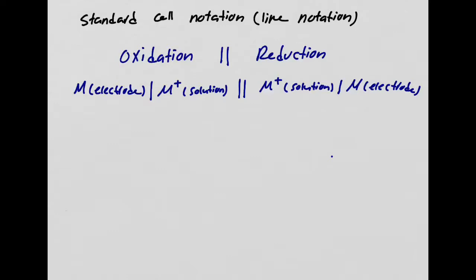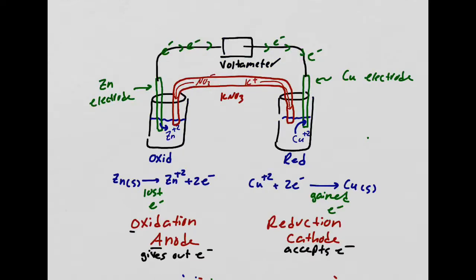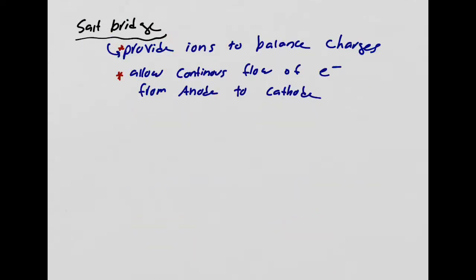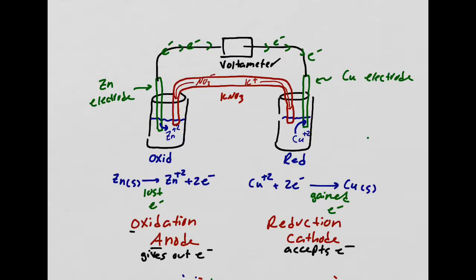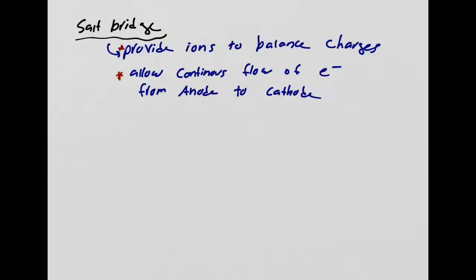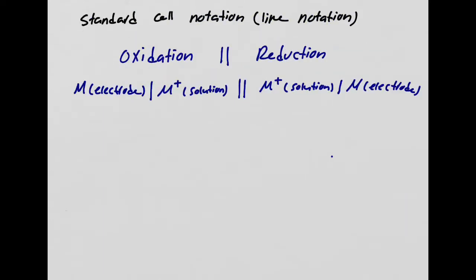So, let's do our main reaction that was over here. In that reaction, we had a zinc electrode and zinc plus solution. I have my zinc electrode, and then I have my zinc plus 2, and those were all 1 molar solution.